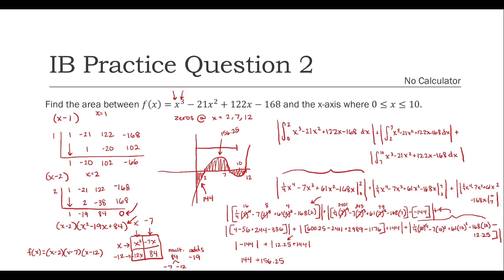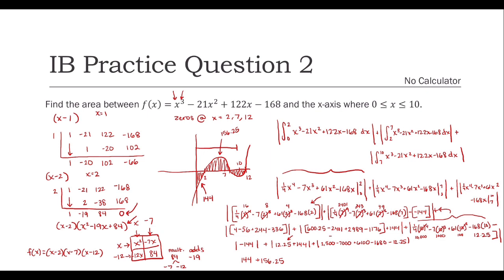So 10 to the 4th is 10,000. 10 cubed is 1,000. 10 squared is 100. And then we have 10. So this is plus the absolute value of 1/4 of 10,000, which is 2,500, minus 7 times 1,000, so negative 7,000, plus 61 times 100, so plus 6,100, minus 168 times 10, and then minus 12.25.